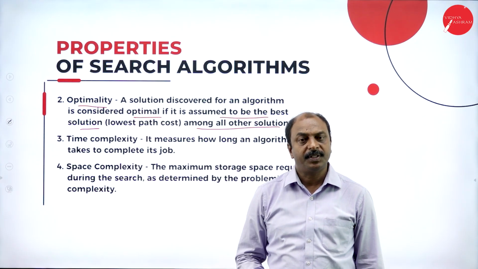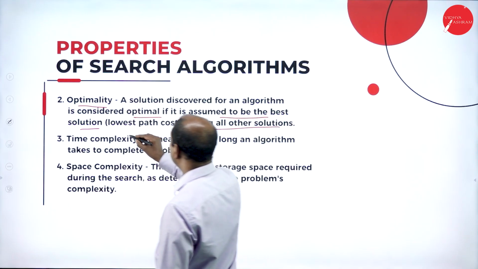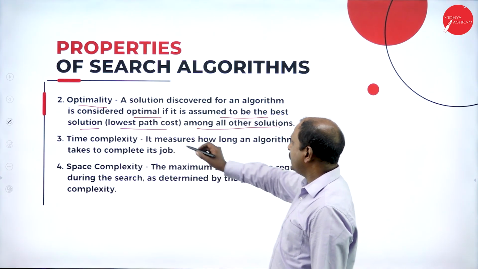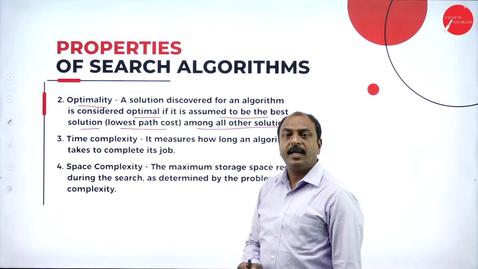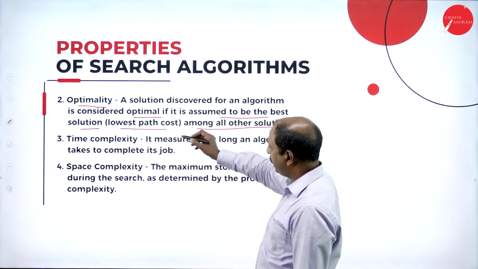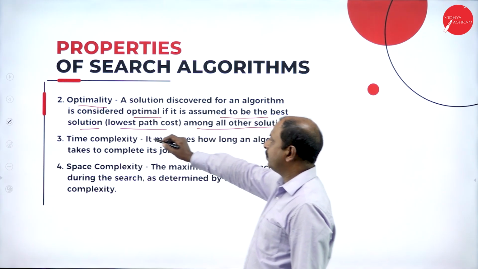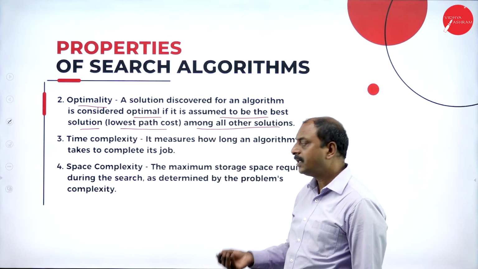How can we say which is the best solution? Based on the lowest path cost, what we have seen on the previous slide. Each and every path will be provided a numerical value. Based on that, we decide the best solution, and that would be the optimal one.